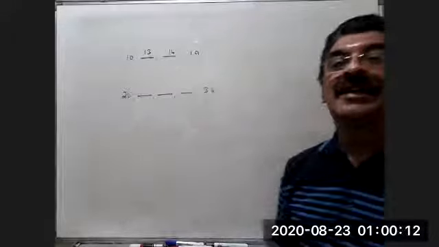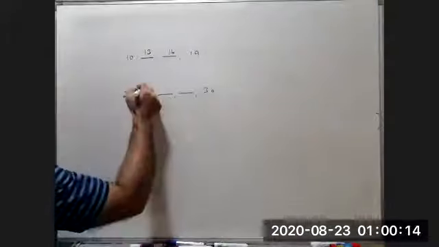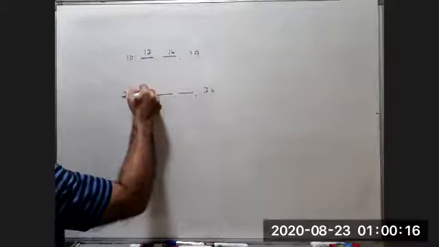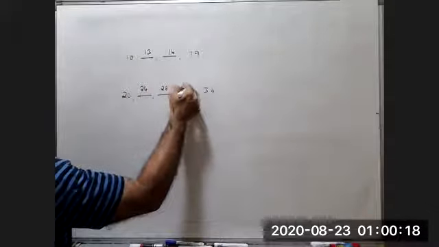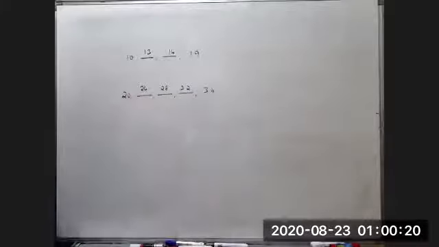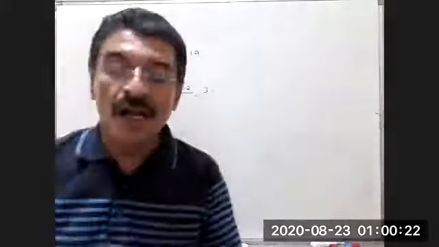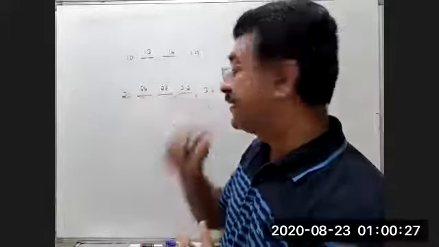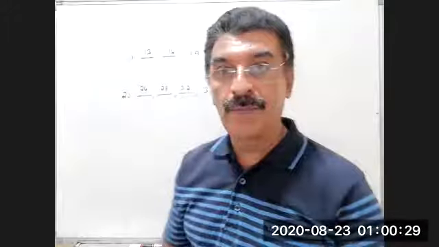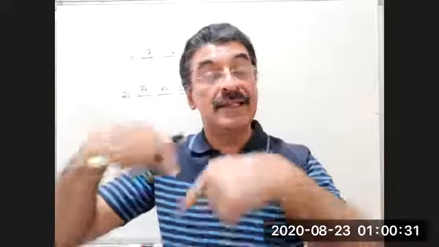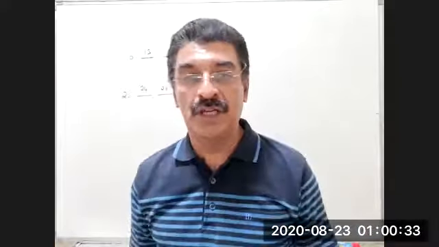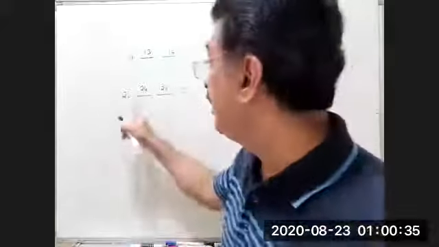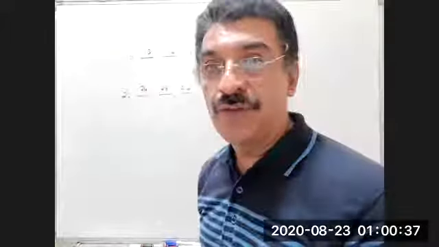Right. 24, 28. Now the thing is, how do we get this? So here, I inserted three numbers. Similarly, between two numbers, we can insert any number of terms, provided we find that common difference.